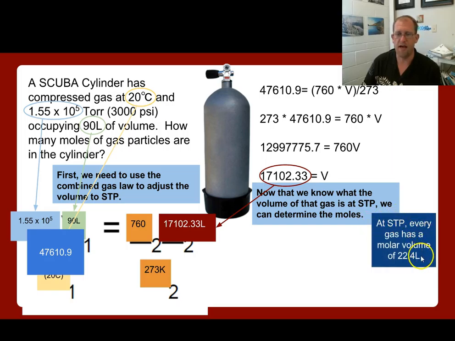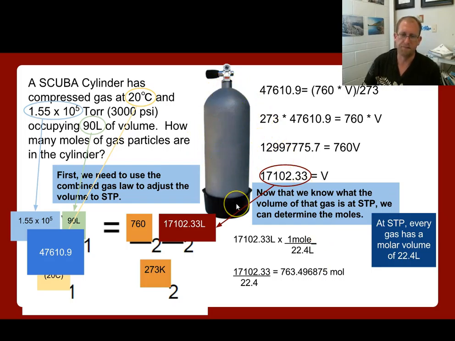At STP, every gas has a molar volume of 22.4 liters, so 17,102.33 liters over 22.4 liters. The liters are going to cancel, and I'm going to figure out that I do, in fact, have 763.496875 moles of gas in this cylinder.